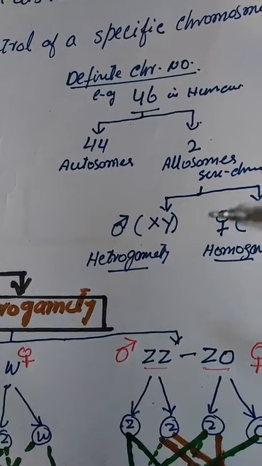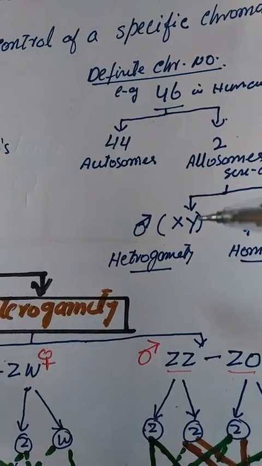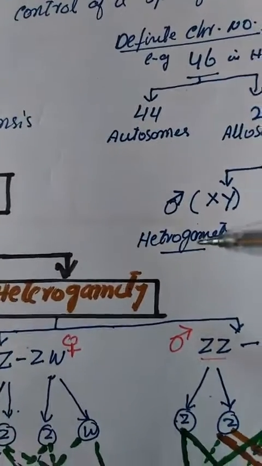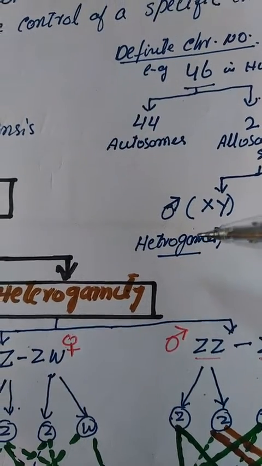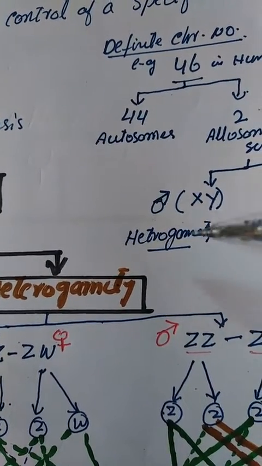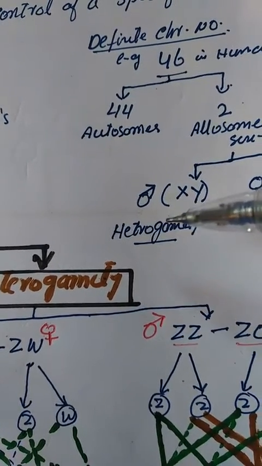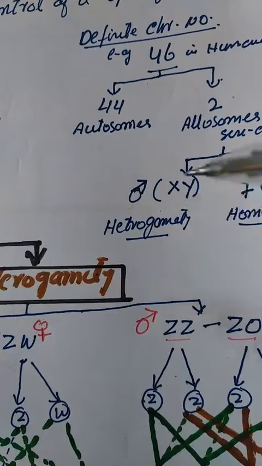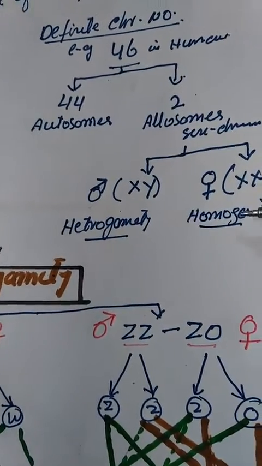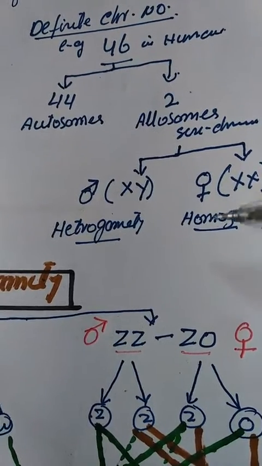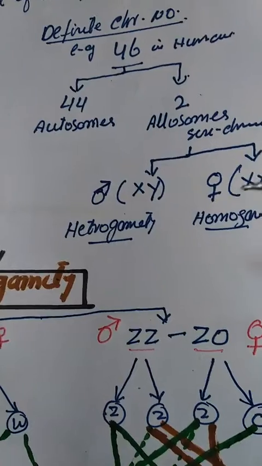Thus we can understand that males are capable of producing heterogametes during spermatogenesis. Different types of sperms are produced, as one sperm contains the X chromosome, and another sperm can carry the Y chromosome. But in case of females, all the eggs carry the similar type of sex chromosome, that is X chromosome.